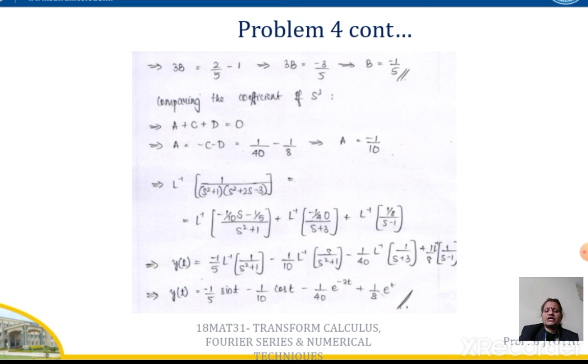On simplification, we are getting 1 upon 10 times s divided by s squared plus 1. That will become a cos term, and this part will become a sin term, and again this part will be e power minus t, and because these two are linear terms, we get them as they are.